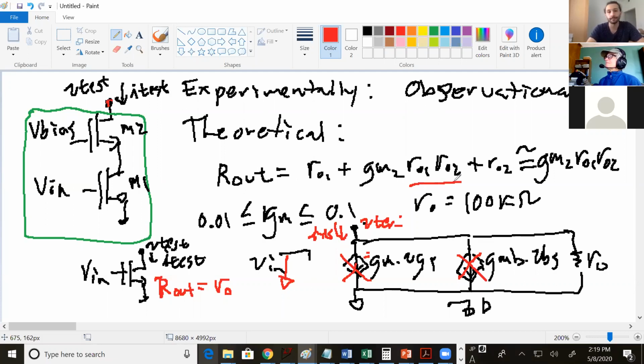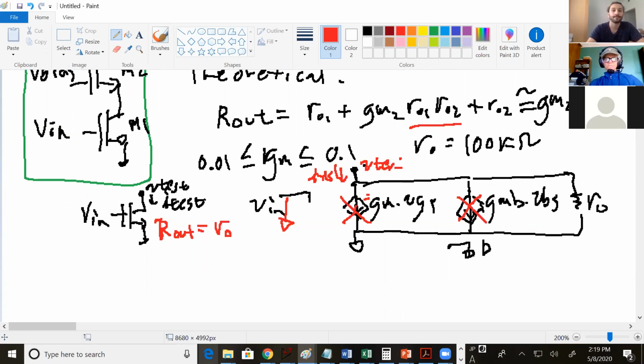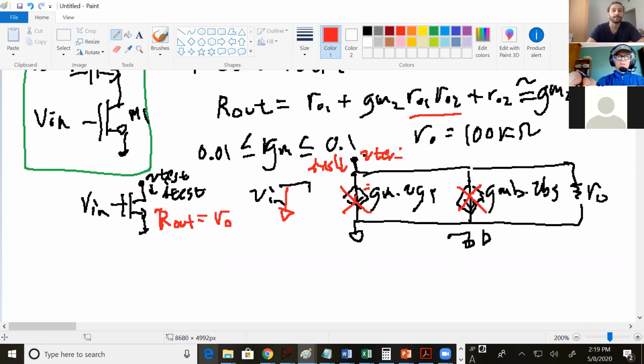Instead of adding the 2 ROs, it looks like RO squared. And this is really powerful. So the R out for this circuit right here is actually on the order of RO squared.